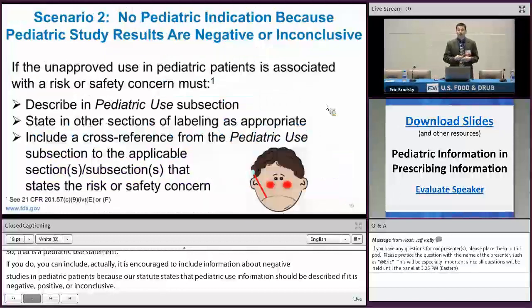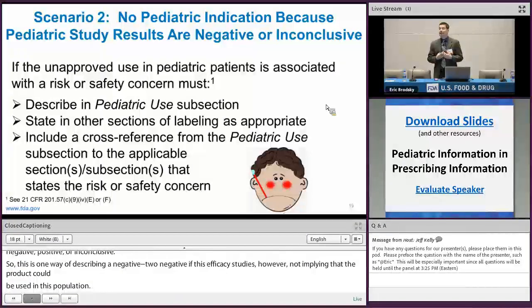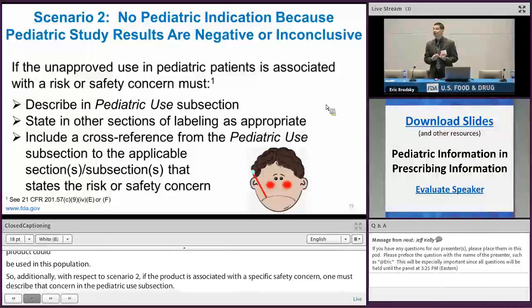Additionally, with respect to scenario 2, if the product is associated with a specific safety concern, one must describe that concern in the pediatric use subsection, and if applicable, that information also must be included in other sections of labeling, specifically the box warning, warnings and precautions, and/or the contraindication section.